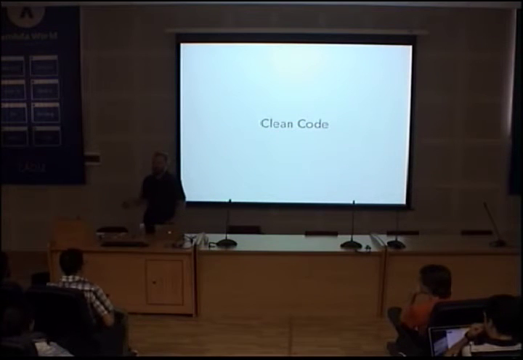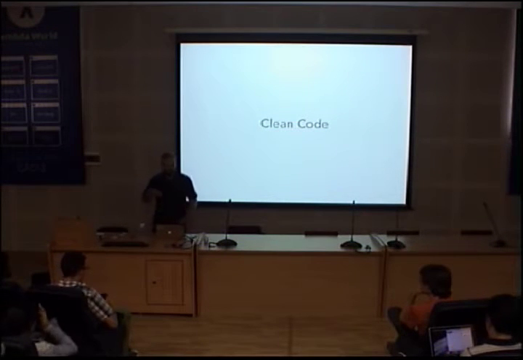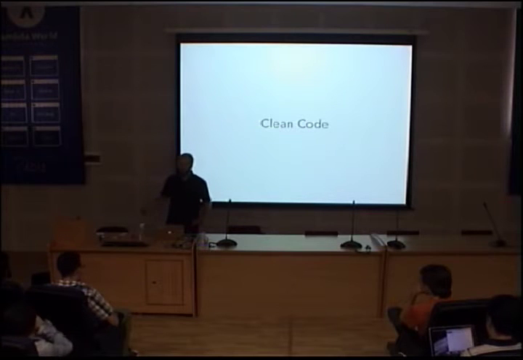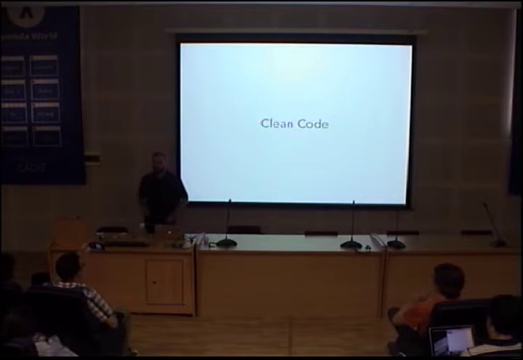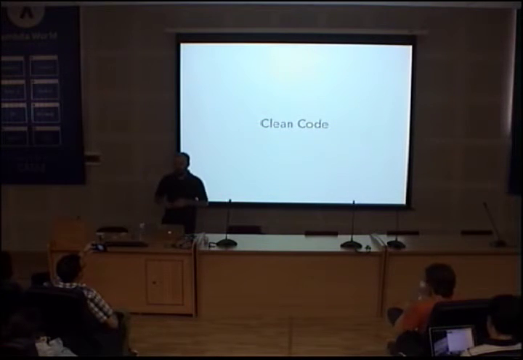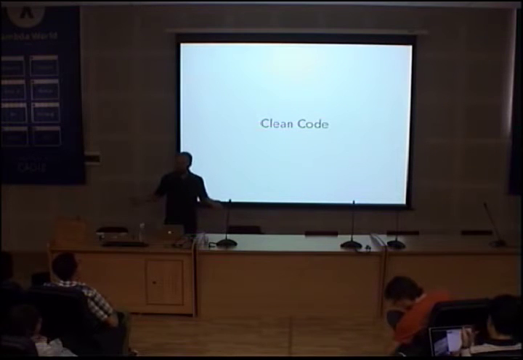I've read about clean code. I started reading books, watching talks, and I really wanted to finally write clean code. So, code that is easy to change, easy to test, easy to replace, just clean code, right?